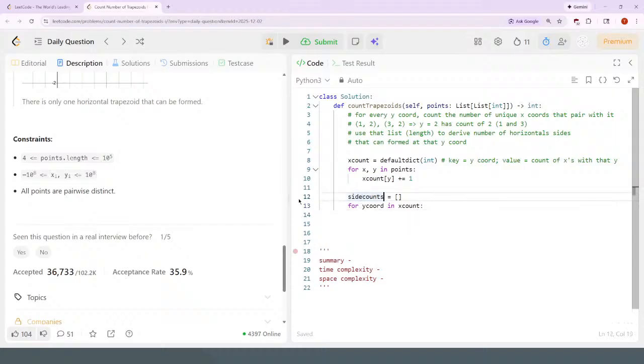I'm going to go ahead, so this is going to be the number of horizontal sides generated at each y coordinate.